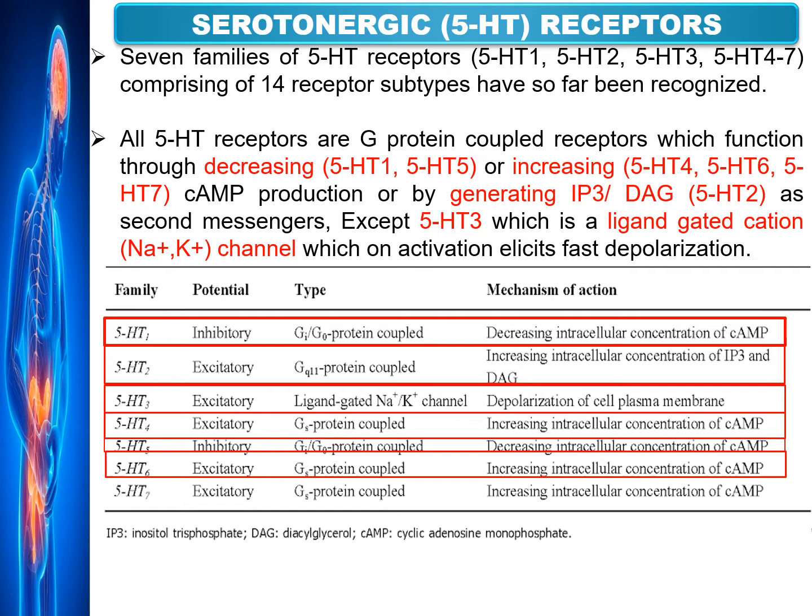They are showing the excitatory potential and have the Gs type of the coupler protein, and they function through increasing the intracellular concentration of cAMP. So this is how the 7 families of serotonergic receptors are classified and differentiated on the basis of their potential, type of the coupler protein and the mechanism served by them.